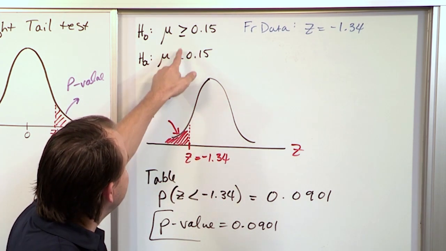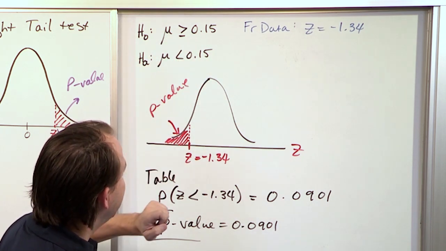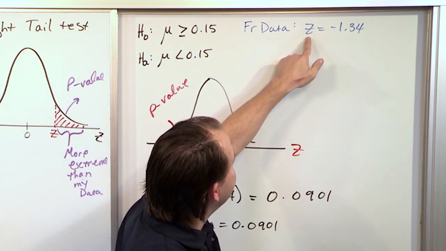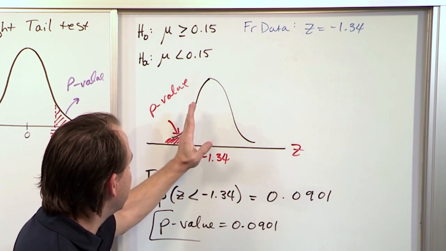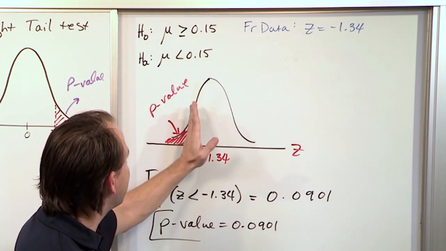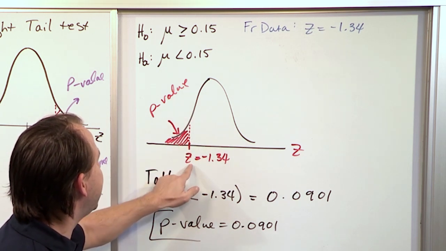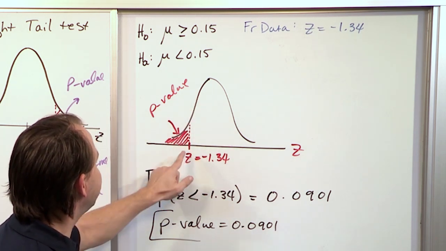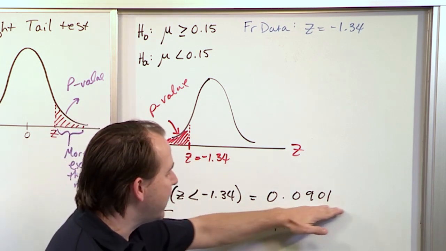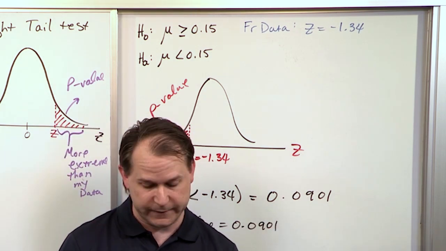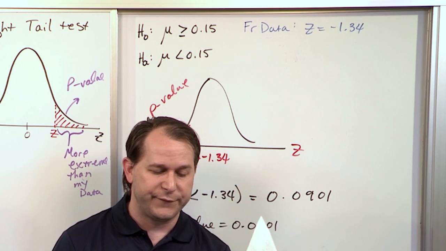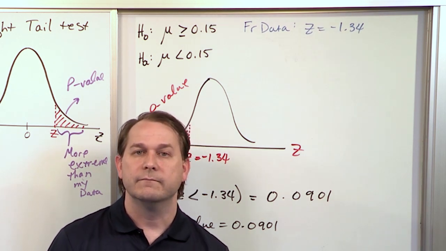The only reason you need the hypotheses is to know that it's a left-tail test. This is representative of our sample data, so we plop it on the chart, and since it's a left-tail test, the probability of getting a value more extreme than our sample data would be the probability to the left of this value of z, which I can readily look up in the back of any book. So that's how you find a p-value for a left-tail test.